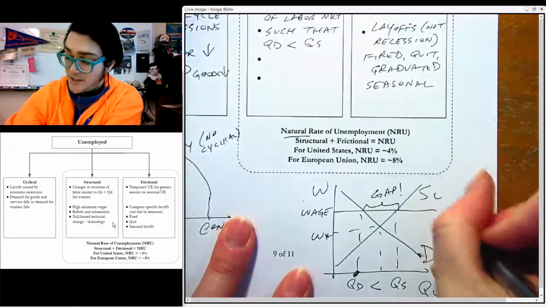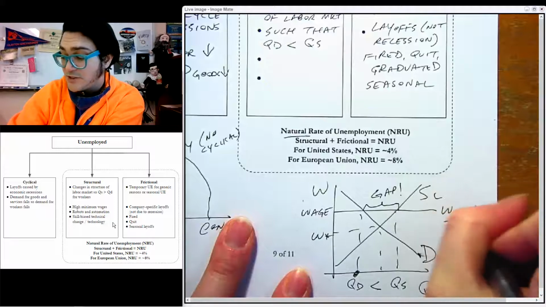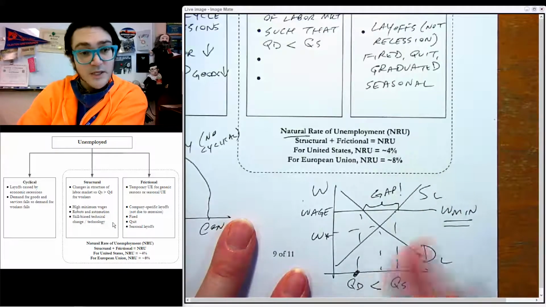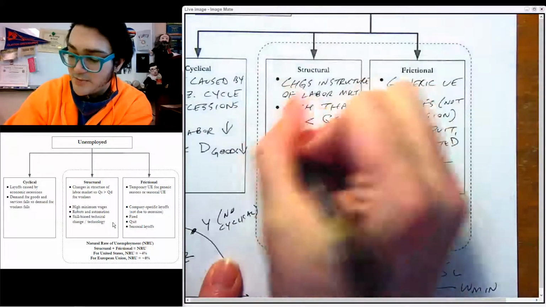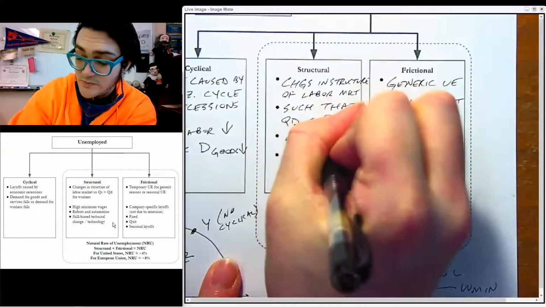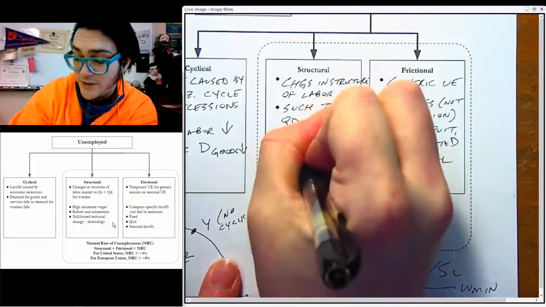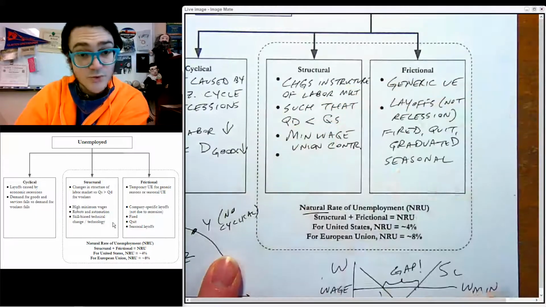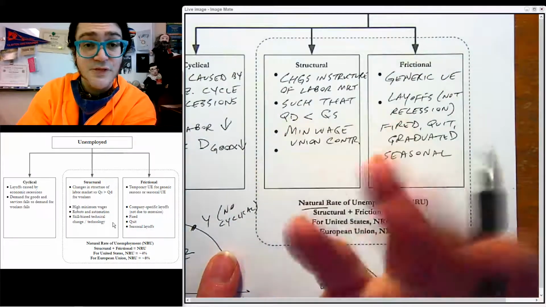You could also have this because of a minimum wage. We talked about minimum wages before in a simplistic fashion, causing unemployment. They cause structural unemployment, as does a union contract. Another type of structural unemployment is when there's no demand for the type of work you do.